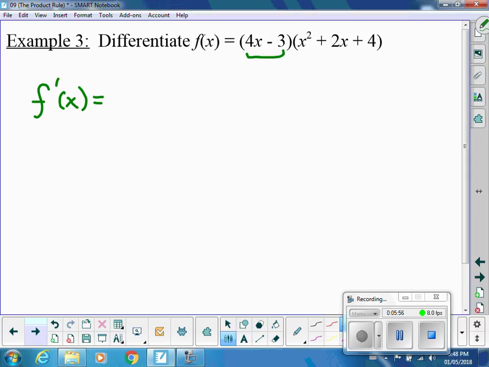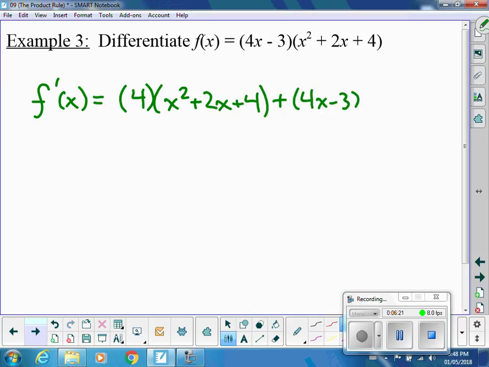The derivative of that is just the number 4, times the second, so leave the second part alone. Plus, this time I leave the first part alone, 4x minus 3, and do the derivative of the second part. The derivative of x squared is 2x, the derivative of 2x is just 2, and the 4 is gone.